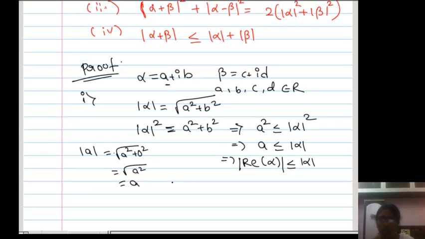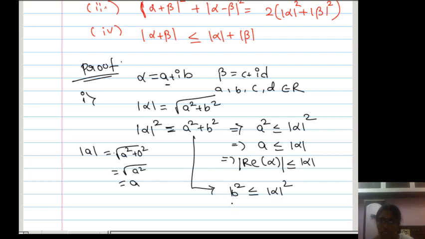Similarly, we can also prove it by this step. I am writing here b square is adding some positive value to b square, and you are getting this value. Means obviously this value is greater than this.